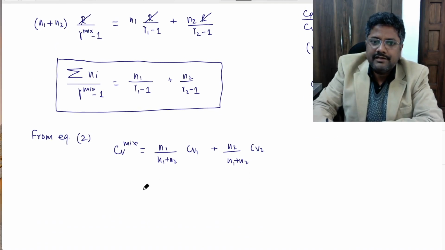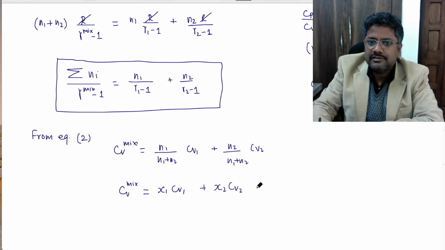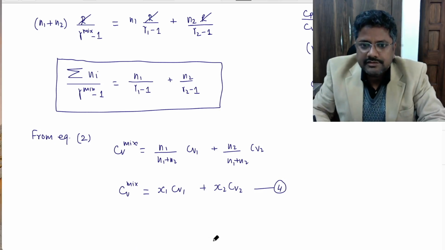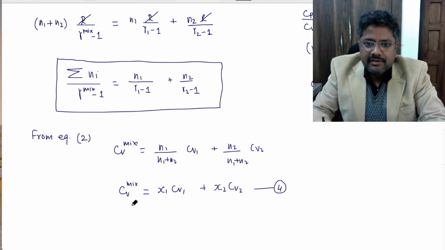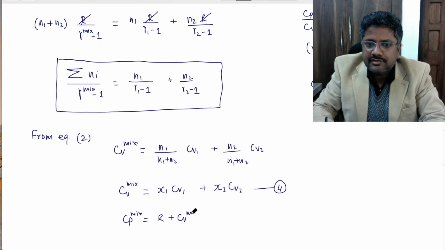So you can write here X1 Cv1 plus X2 Cv2 as Cv mixture. This is equation 4, right? Similarly, you can write Cp mixture is equal to R plus Cv mixture. Equation 5.